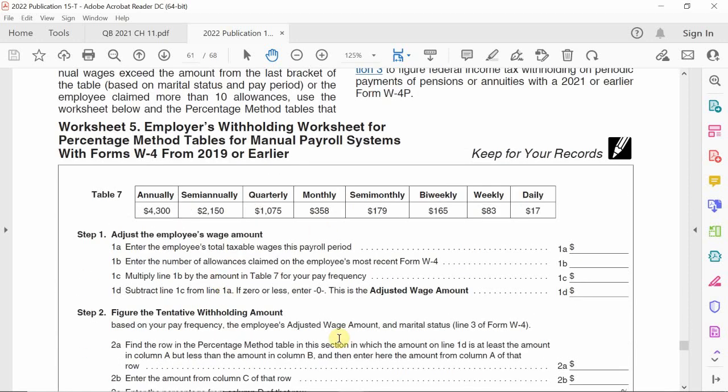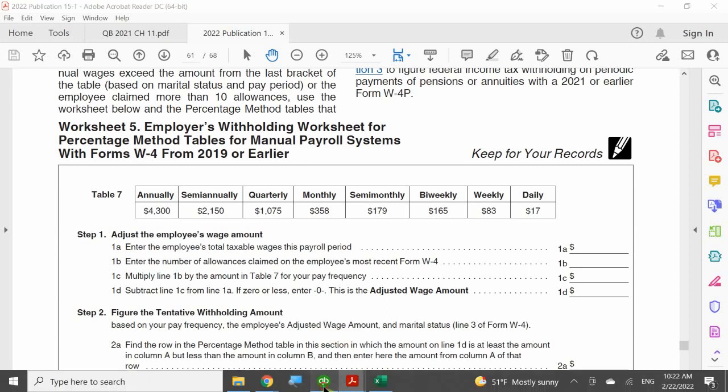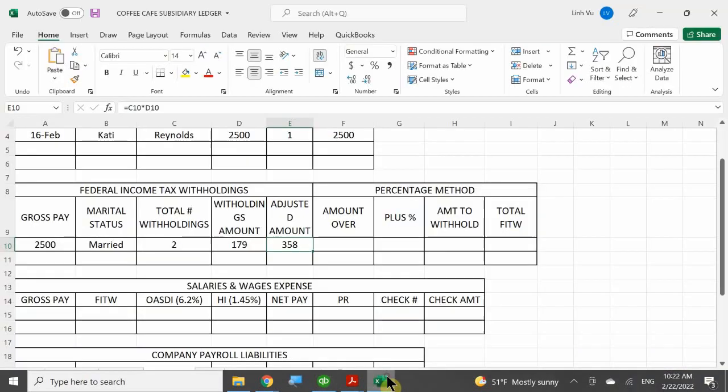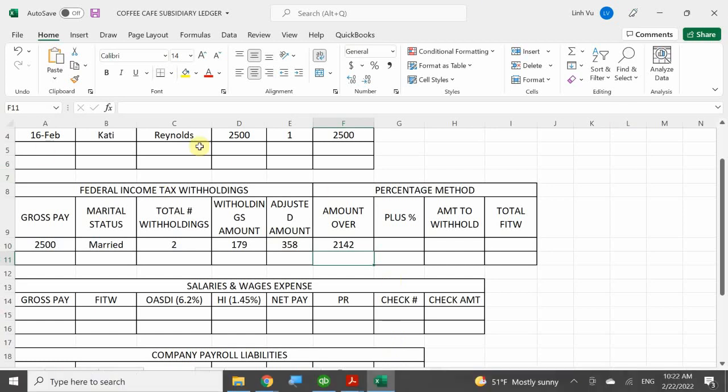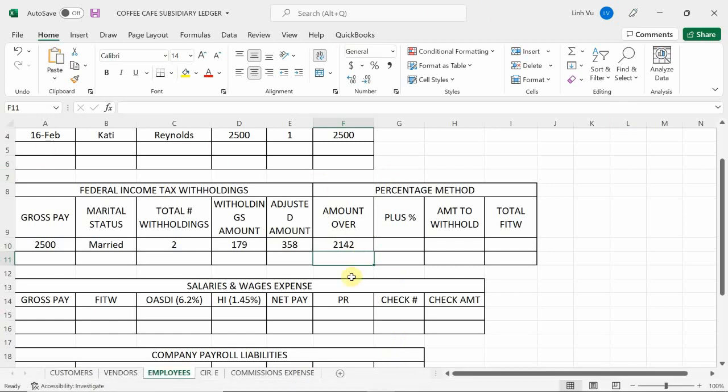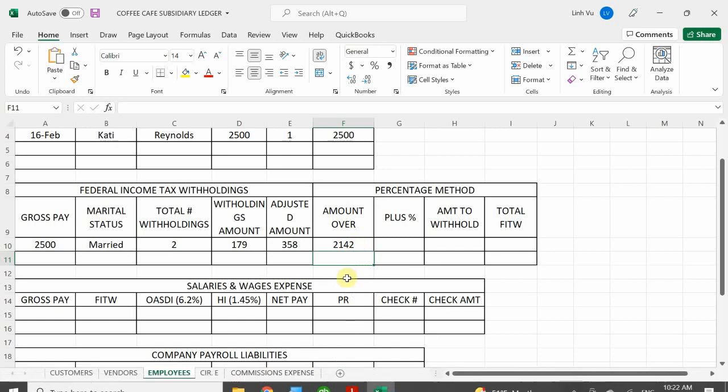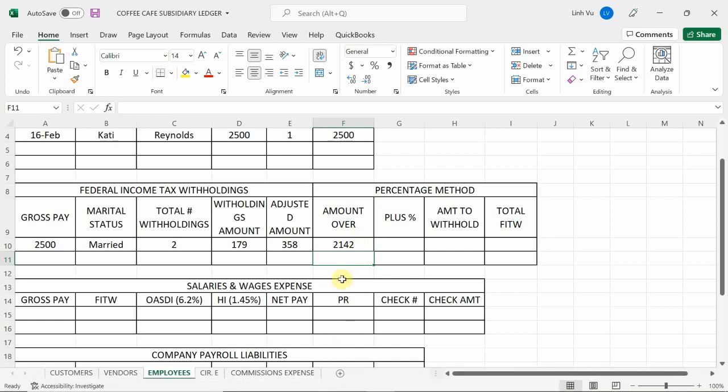So in this case, I'm going to go ahead and take a shortcut. We have a total of $358 that we're going to withhold from her actual paycheck. So we're going to subtract that out. That means the amount that she's subject to withhold is $2,142. Okay? So in this case, we need to check out how much she made over.